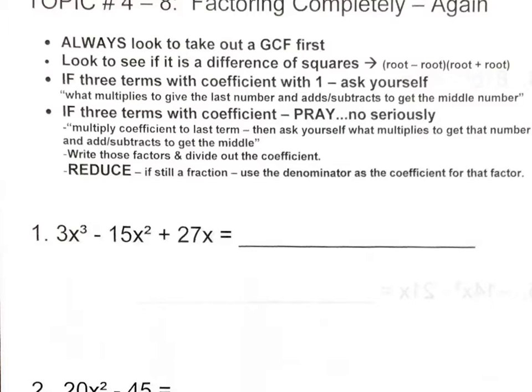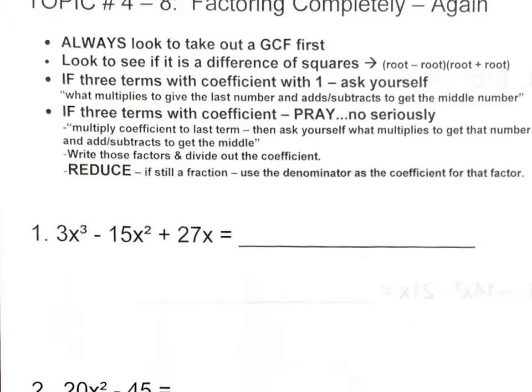Then you look to see if you have a difference of squares. Make sure that your first coefficient is 1, and then you factor. And then reduce your fractions if you need to. So your 4 steps are listed at the top. So let's go through this and see if we can do this together.